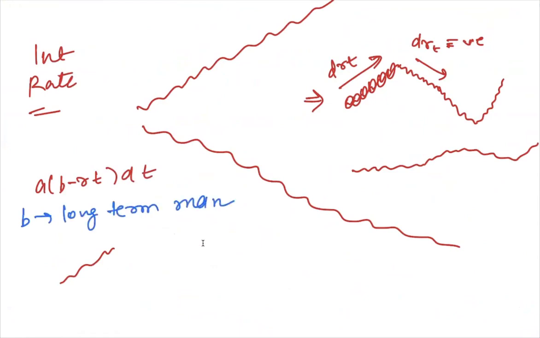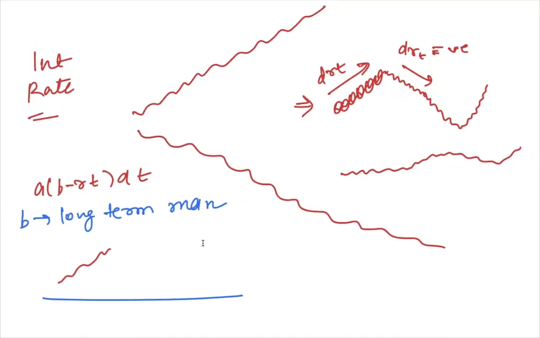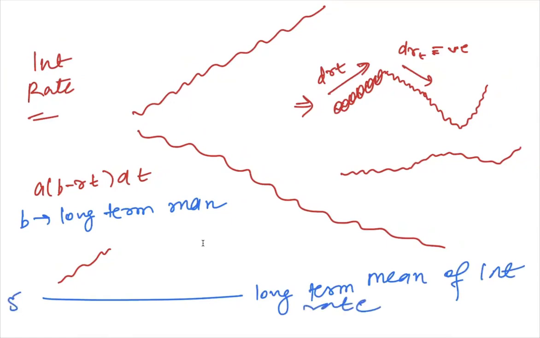What Vasicek was trying to say was there will be a long-term level, a long-term mean of the interest rate. Let's say this long-term mean is 5%.